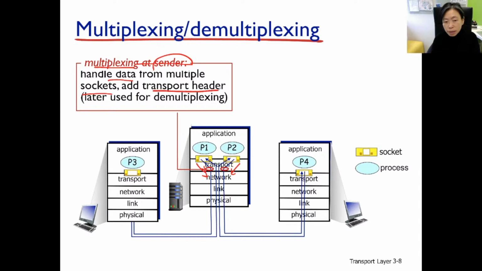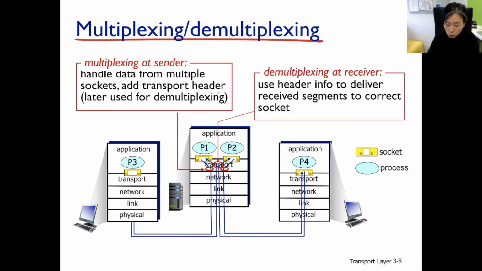It adds the transport layer header, a little bit more information on top of these packets, so that later they can be used for demuxing purposes. So when messages go out and reach P3 and P4, and P3 and P4 in return generate something back that arrives at the server at the transport layer, the transport layer of the server is going to work as a demultiplexer at the receiving side.